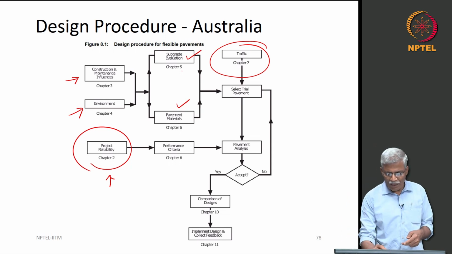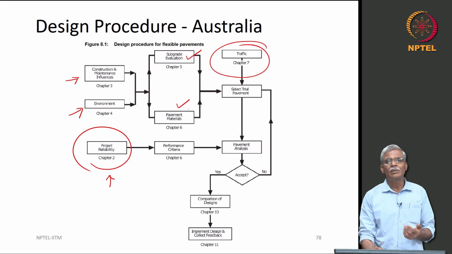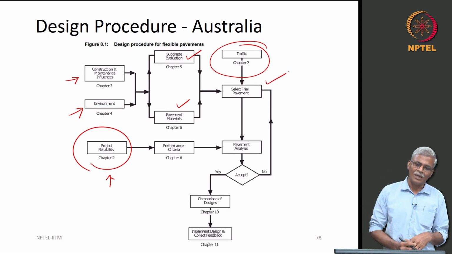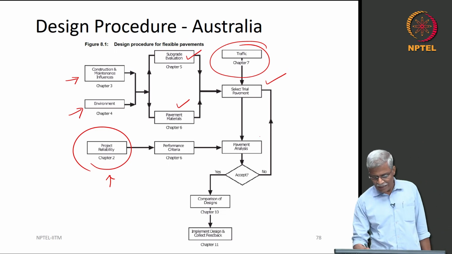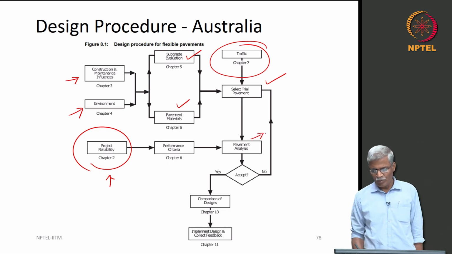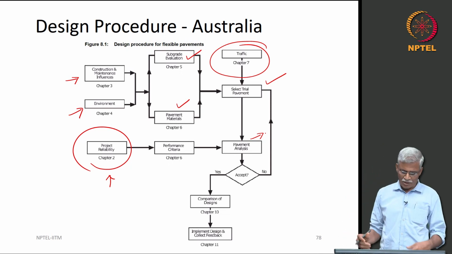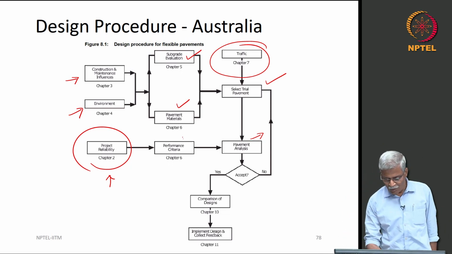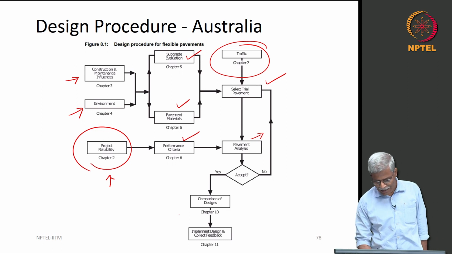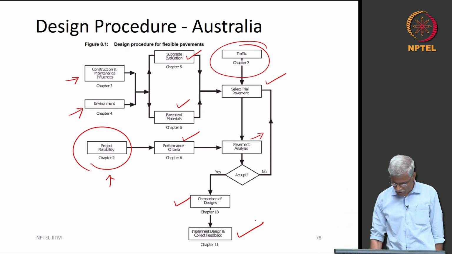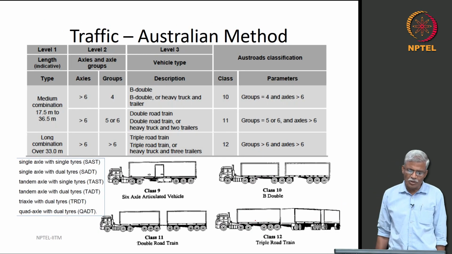So, from the input of the subgrade and the material that you are going to use, you will take a trial pavement cross section, and this is the analysis part. The pavement analysis is the mechanistic part, compute the stresses and strain and use the performance criteria and compare the designs and implement the design. So, this is the overall design procedure that is followed in Australia.